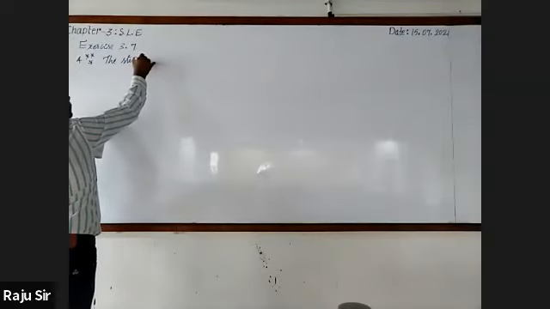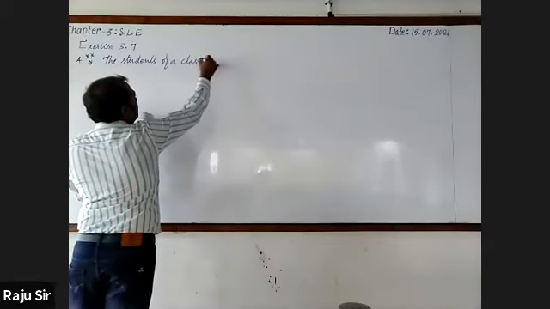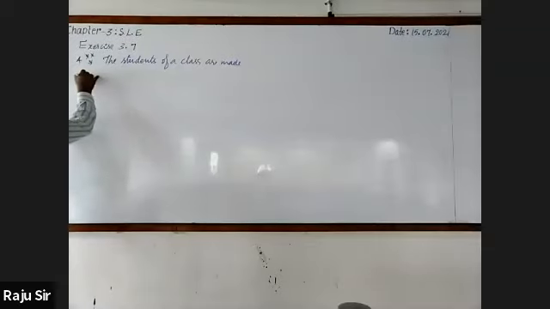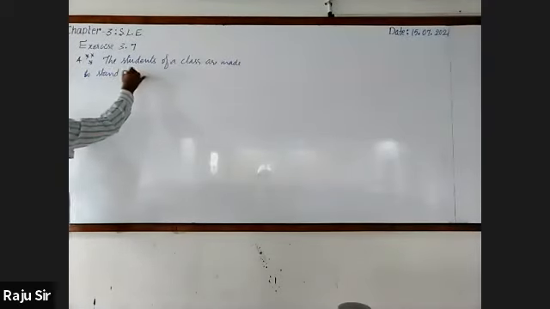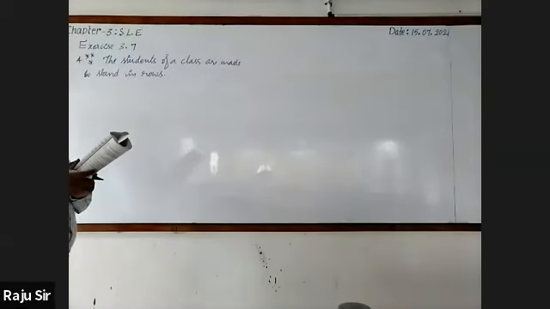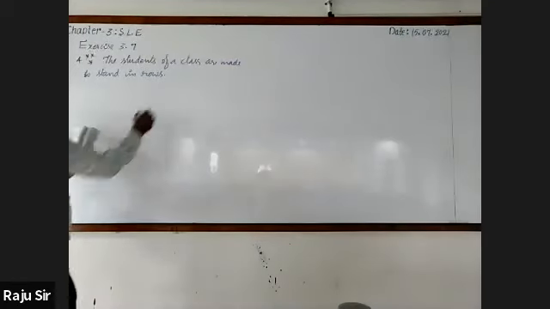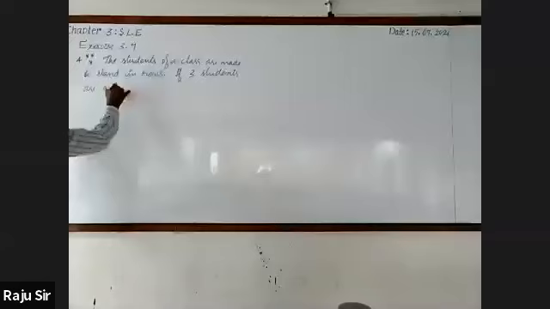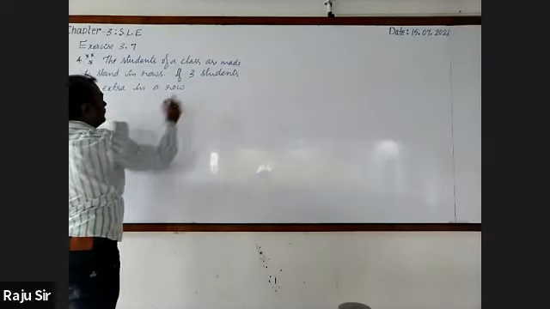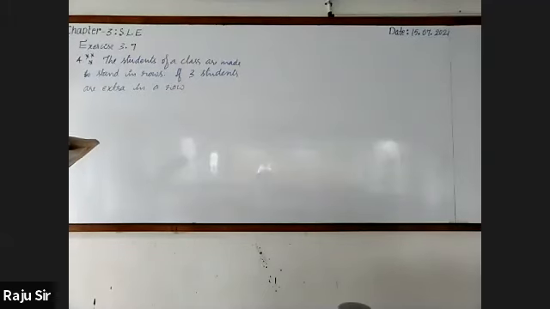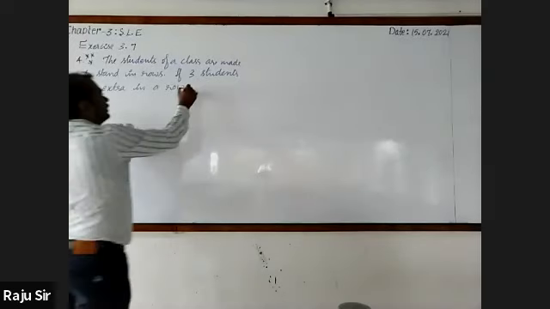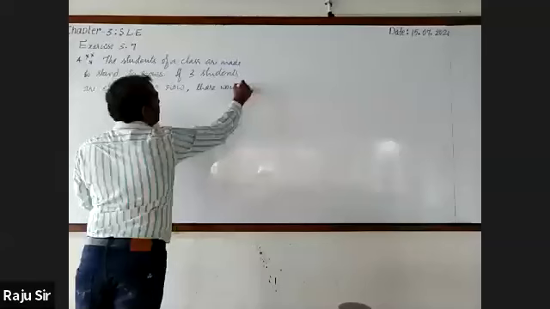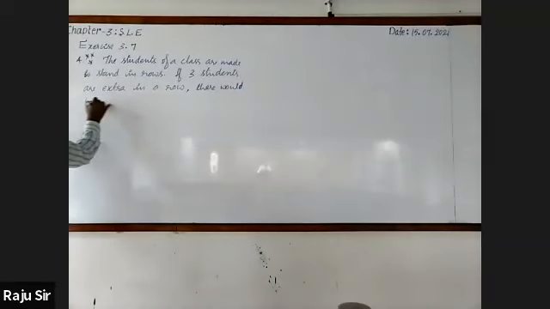If 3 students are extra in a row, put comma, there would be 1 row less. Full stop.